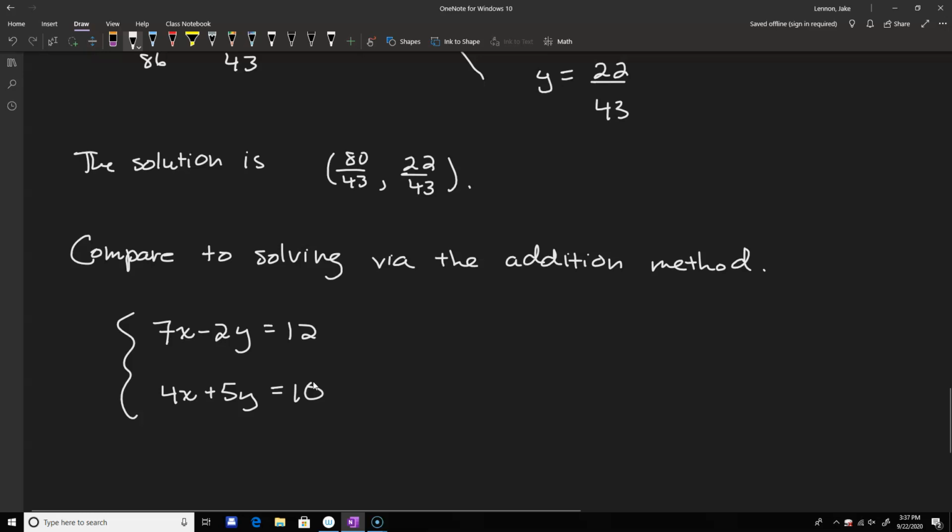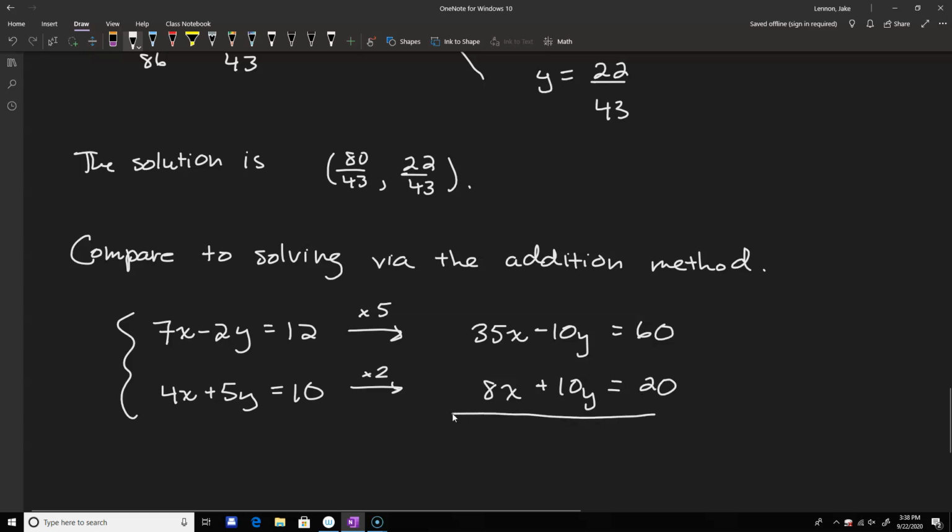What we want to do is try and eliminate y. So I want the same number in front of y but opposite sign. If I multiply the top equation by 5 and the bottom equation by 2, I'll have minus 10y on top and positive 10y on bottom. So I end up with 35x minus 10y equals 60, and then 8x plus 10y equals 20.